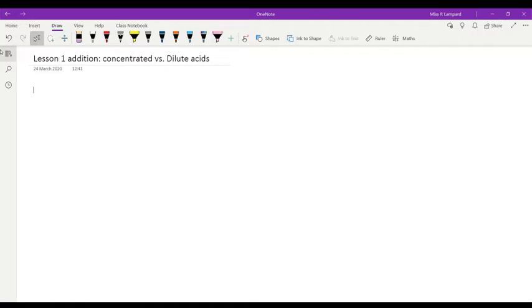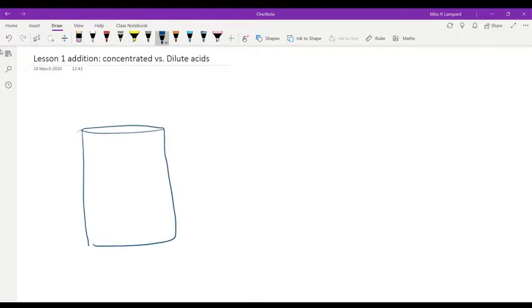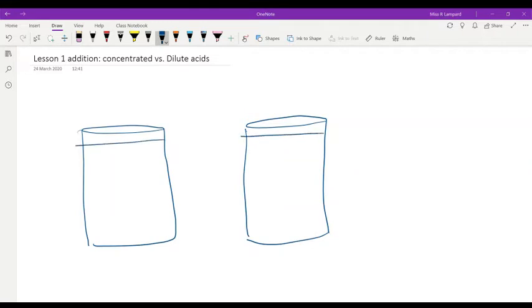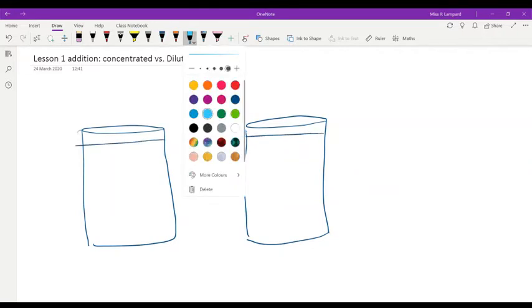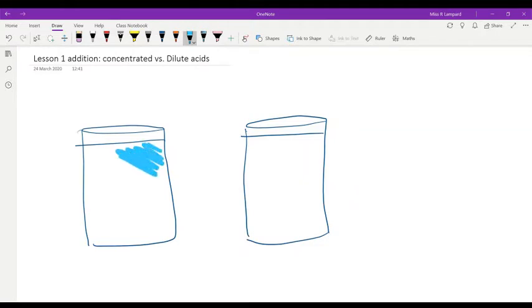What I want to talk to you about here is the difference between what we would call a concentrated acid and a dilute acid. Okay, so I want you to imagine, and I've got one beaker here, and one beaker here. Now let's say, let's call that the water line there, and I'm just going to add some water into these beakers.